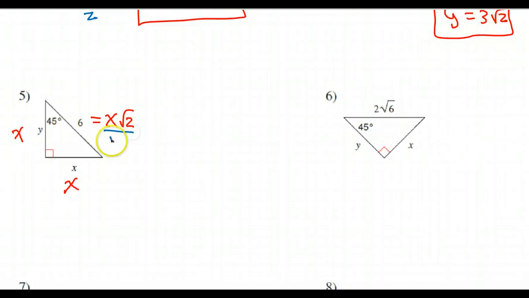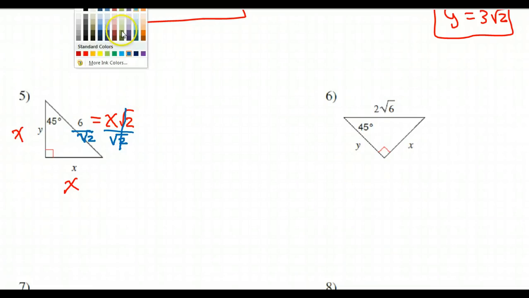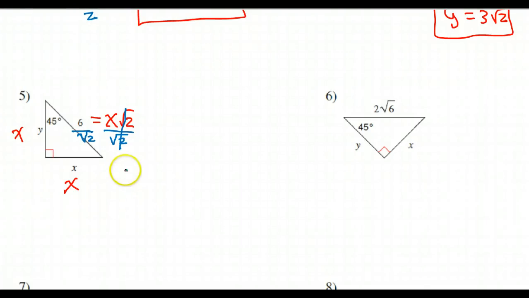If I divide by radical 2 on both sides, that's going to give me that x is equal to 6 over radical 2. If I put that in my calculator, that's going to give me 3 radical 2. Okay, so that's x right there.